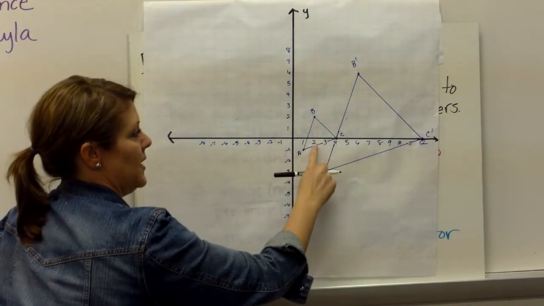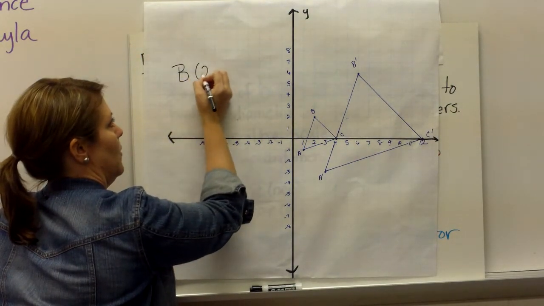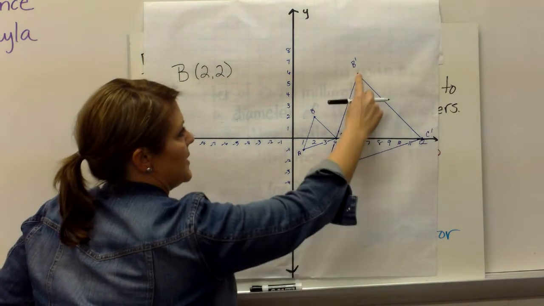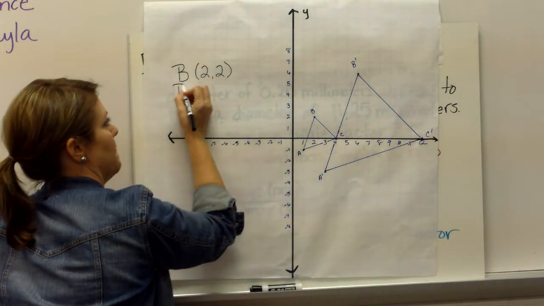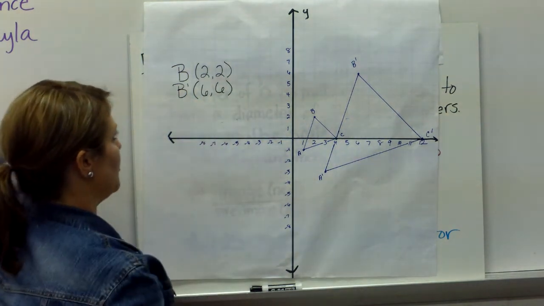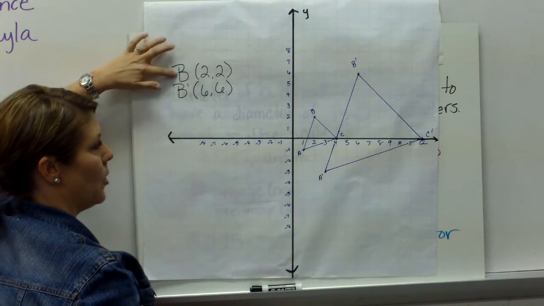Your original B is sitting at 2, 2. And your dilated B is sitting at 6, 6. Remember, you want your new compared to your original.